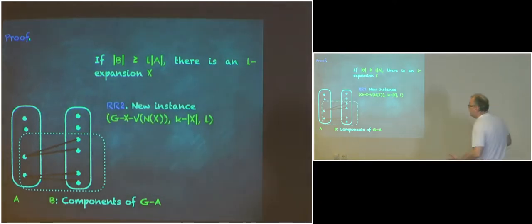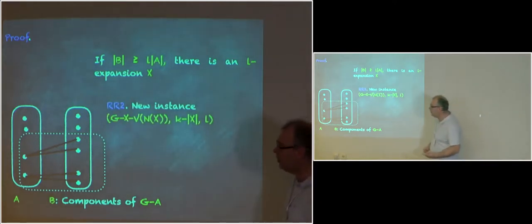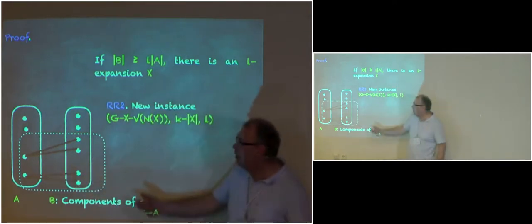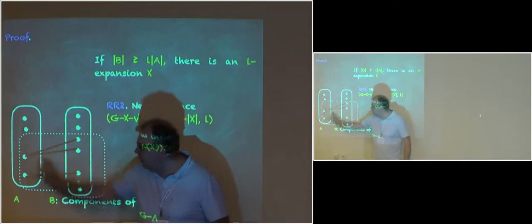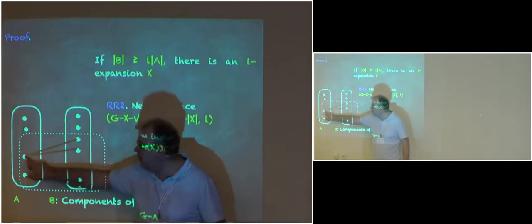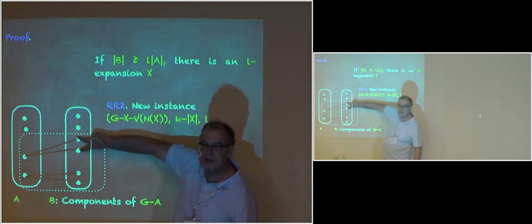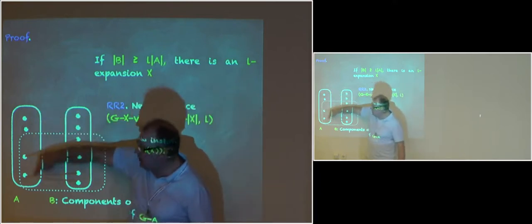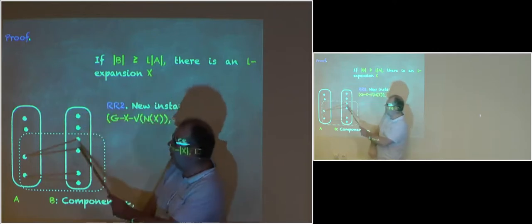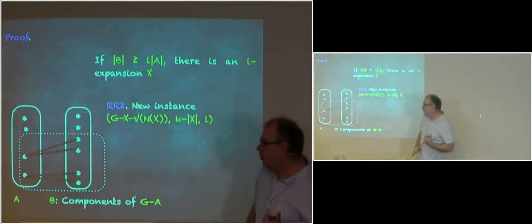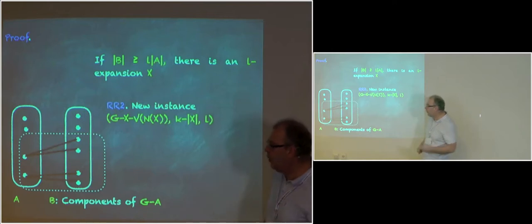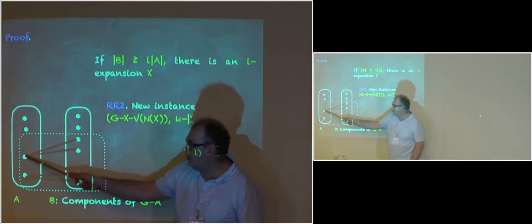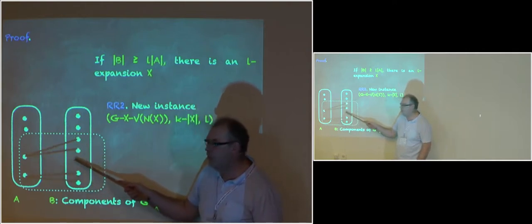Okay. So there is an expansion living here, but what does it mean, expansion here? So I have an L expansion. I have this situation. Every guy here has L neighbors here, and no guy from here has a neighbor outside this set, coming to A. But every guy from here is adjacent to L people here.